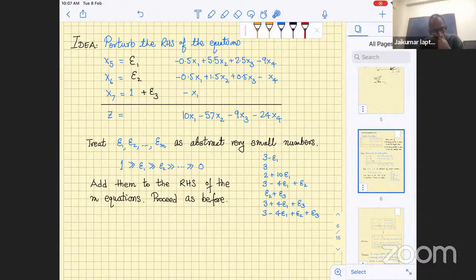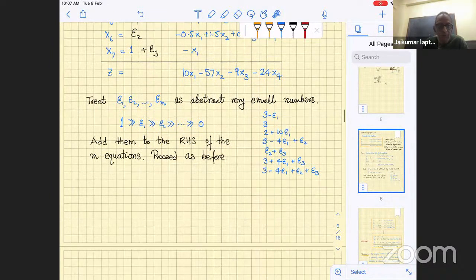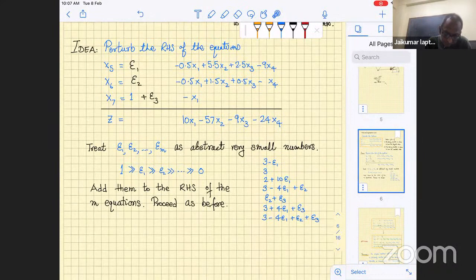Good. Whenever you have distinct expressions like this, we should be able to say which one is the smallest and which is the next. These are all linear polynomials in epsilon. We will apply the simplex method to this, but we will treat any expression involving a constant or an epsilon as a new scalar.